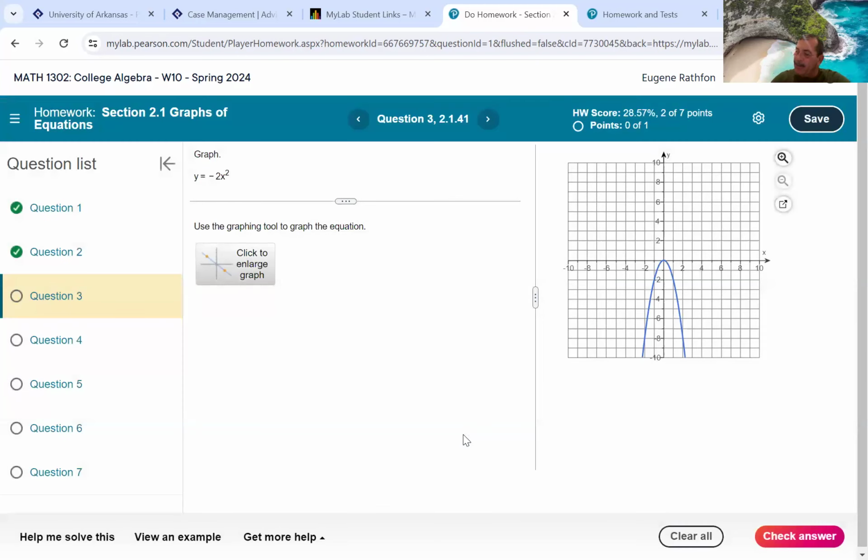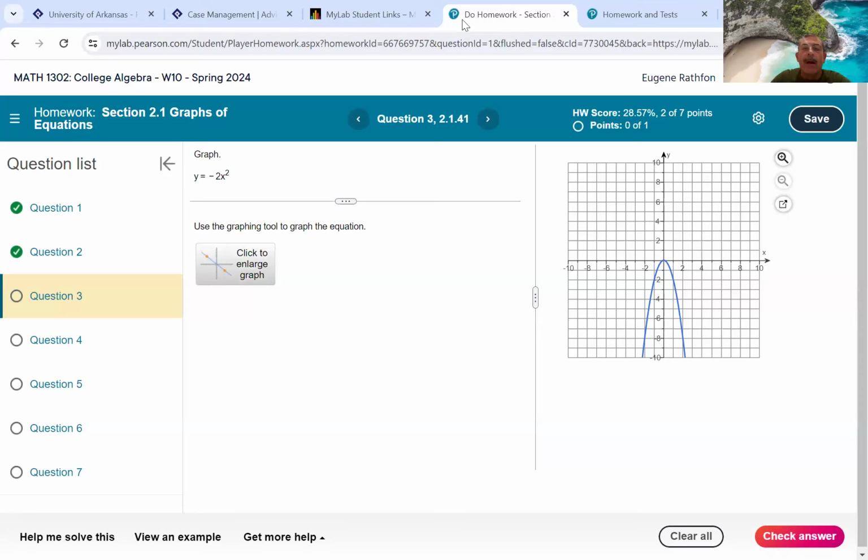All right, so y'all, there's our upside down graph. Now let's look on the calculator real quick. We had -2x squared.